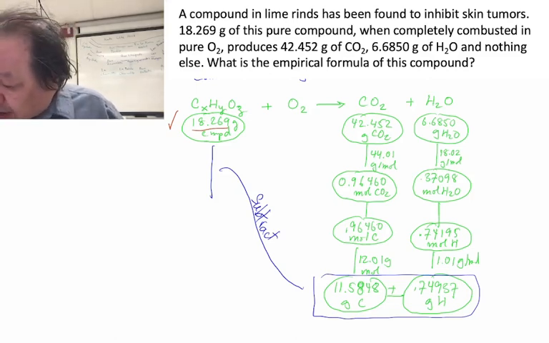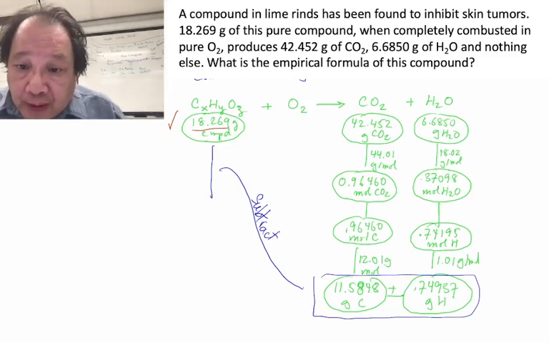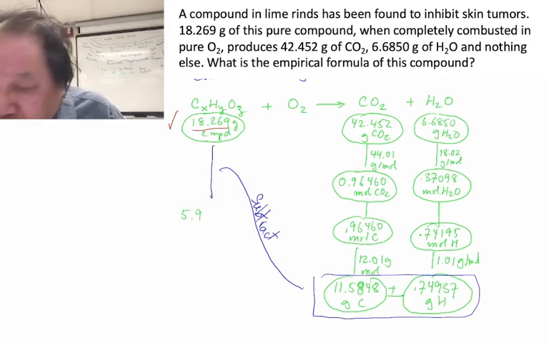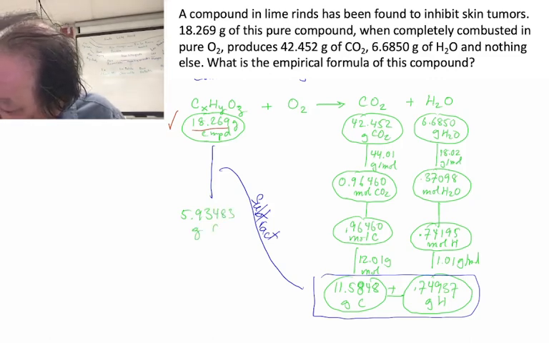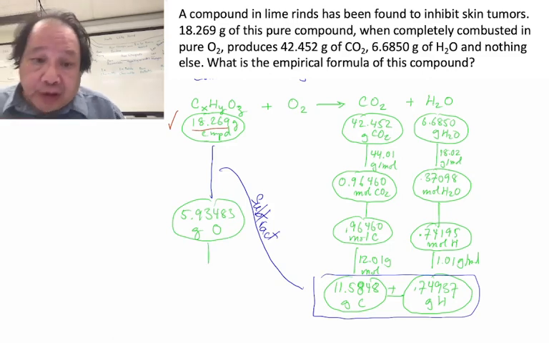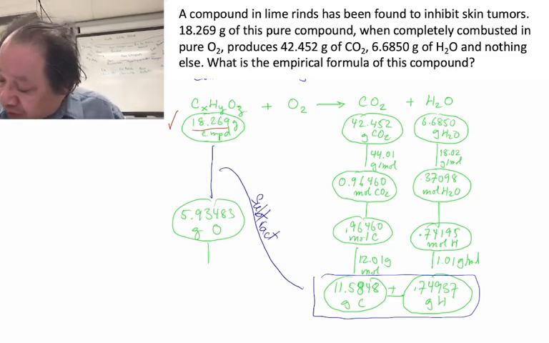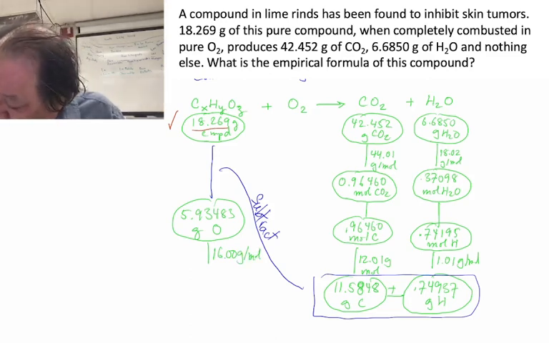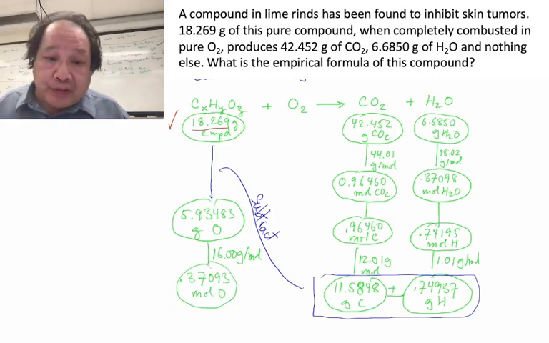And when we do that subtraction, we end up with 5.93483 grams of oxygen. And we can convert grams of oxygen to moles of oxygen. Oxygen is 16.00 grams per mole. That's 0.37093 moles of oxygen.